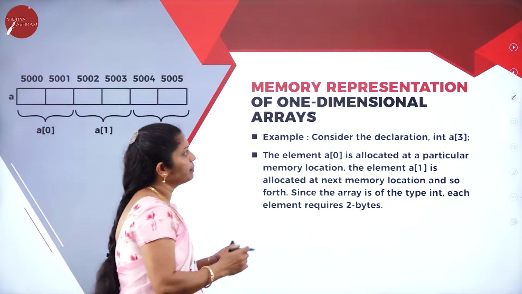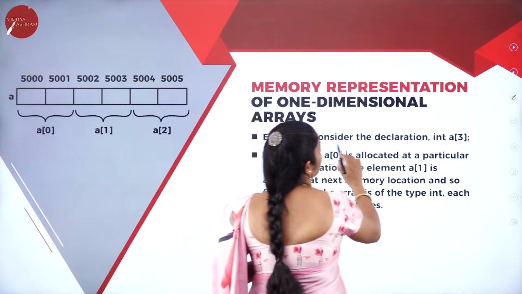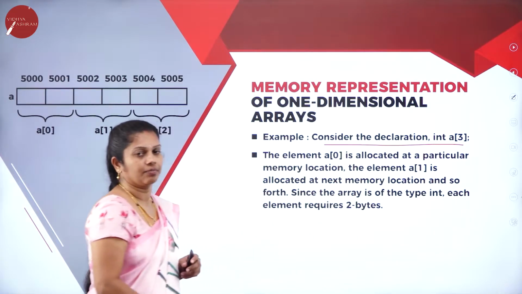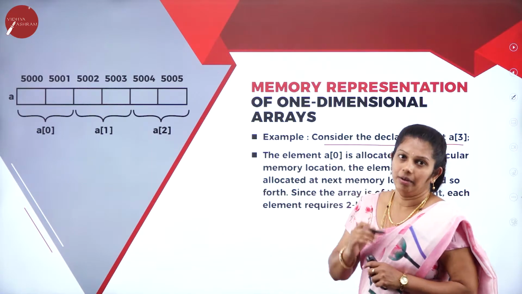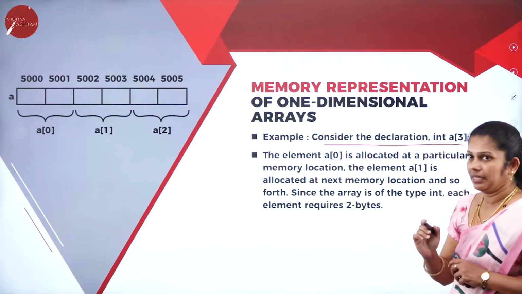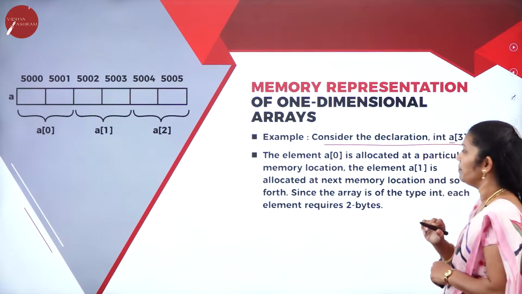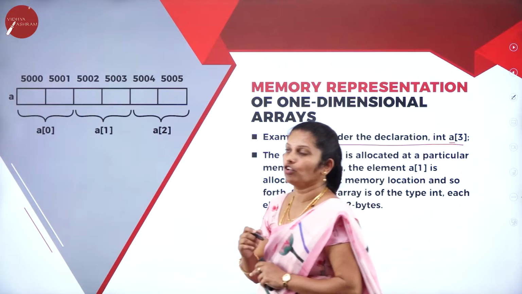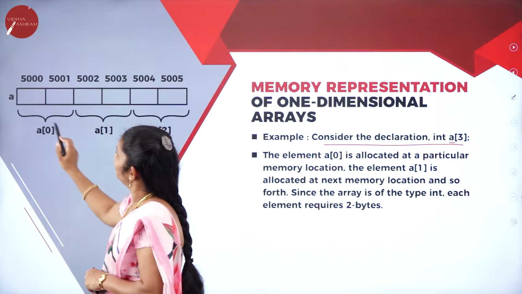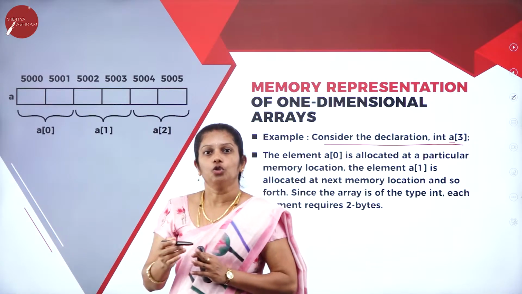Now consider the declaration int a of 3. Int a of 3 means we contain 3 elements, all of type integer and stored by the same name a. If it is integer, then it will occupy 2 bytes of memory space. Consider the first element occupies 2 bytes of memory.